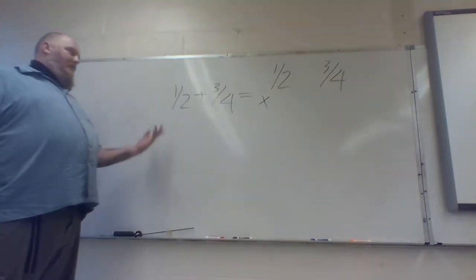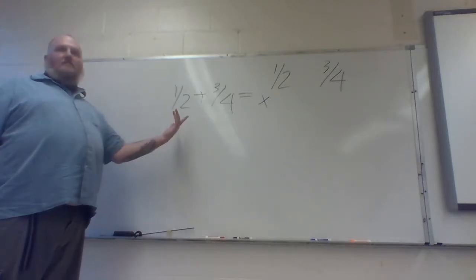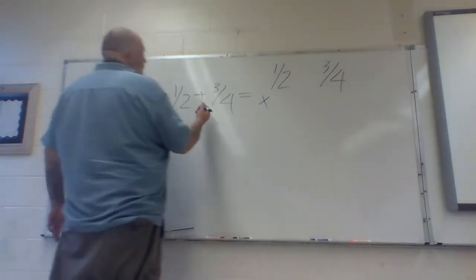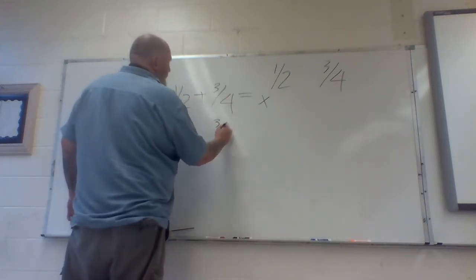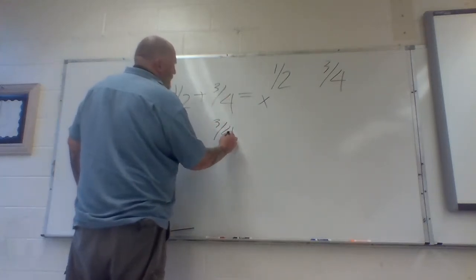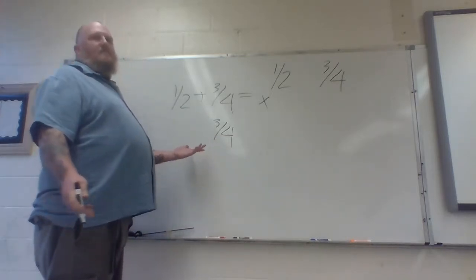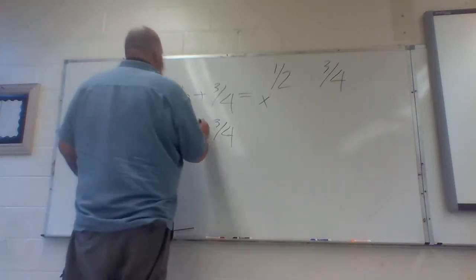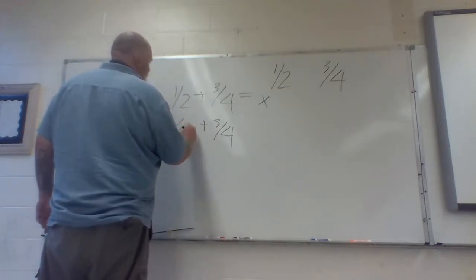All right, and this one being pretty simple, the lowest common denominator is going to be 4, right? All right, so basically we're going to leave this one as is, or for technicality's sake, we times that by 1, right? Plus, and then we're going to times this one by 2 and get 2/4.